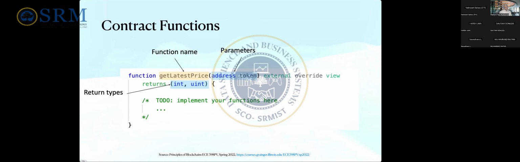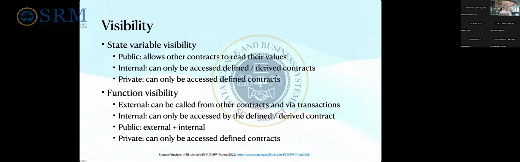Okay, so let's look into the visibility. There are two types of visibilities. You put visibility for the state variables. Remember, what is a state variable? The variables which we declare in the scope of the, sorry, not function, in the scope of the contract. These are the state variables. And the state variables can be public, internal, or private. Public allows other contracts to read their values.